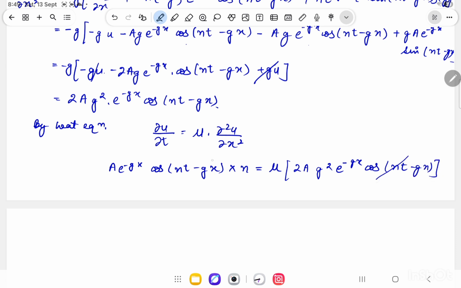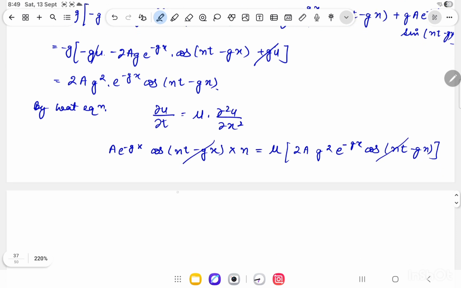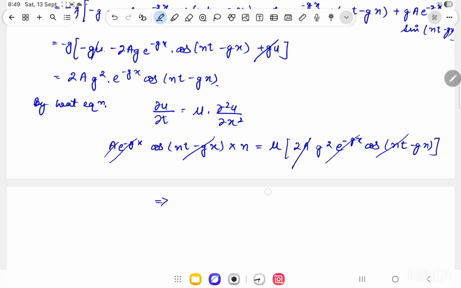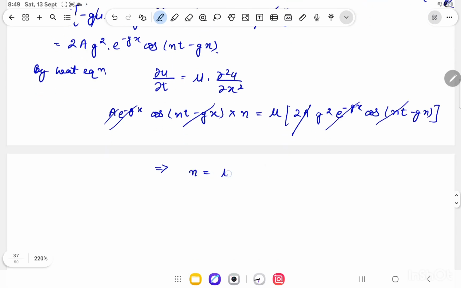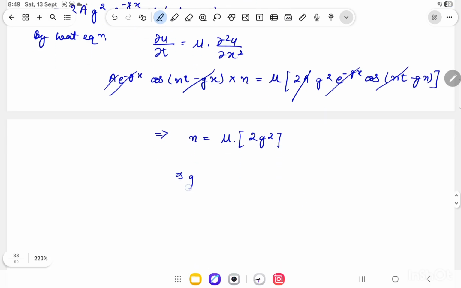So cos nt minus gx balances this. So likewise we can balance out a and e raised minus gx from both sides. So we'll get n equals to mu into 2g square. So from here I'll get my g as n divided by 2 mu under root.